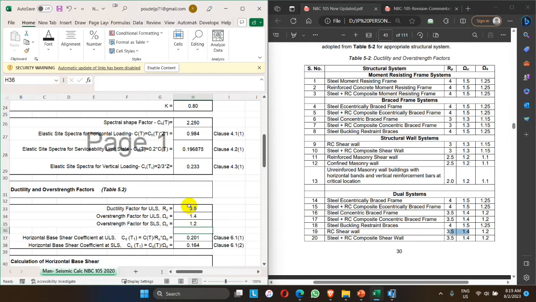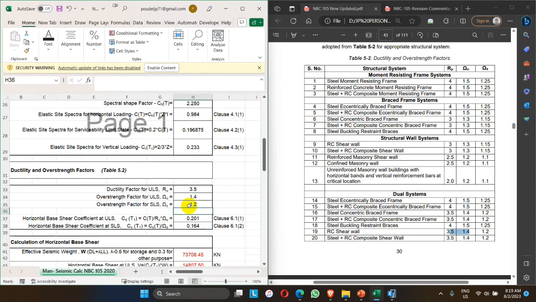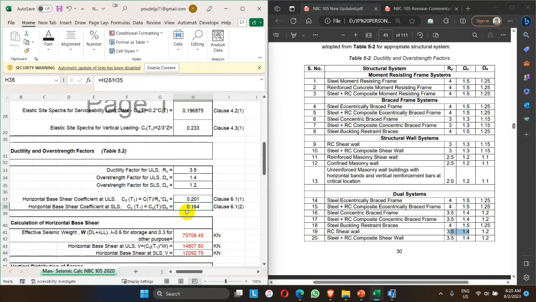So the horizontal design coefficient at ultimate limit state Cd(T1) equals Cd by R, where R is the combination of Rμ times Ωμ. So Cd by R, we got 20.1%, 0.201 for ultimate limit state and 0.161 for serviceability limit state.